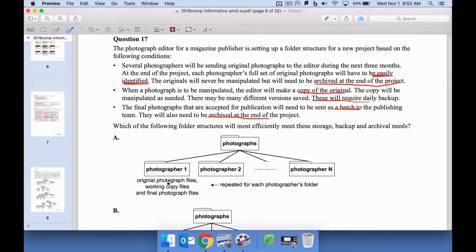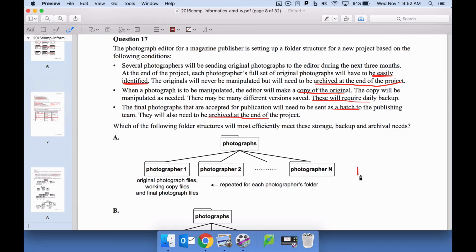This looks like it would suit the first point because we can clearly see that we have folders for each photographer. So we'd be able to know where each photo comes from.